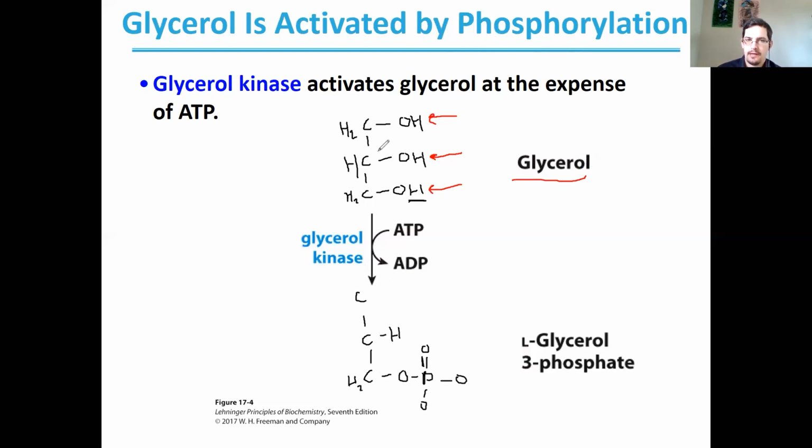So initially we're not chiral because we're symmetrical. Now we're chiral, and we're specifically in the L enantiomer. So this reaction will cost us 1 ATP. Again, very similar to our preparatory phase in glycolysis.